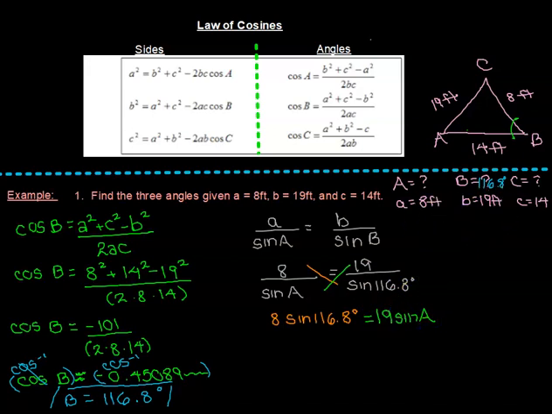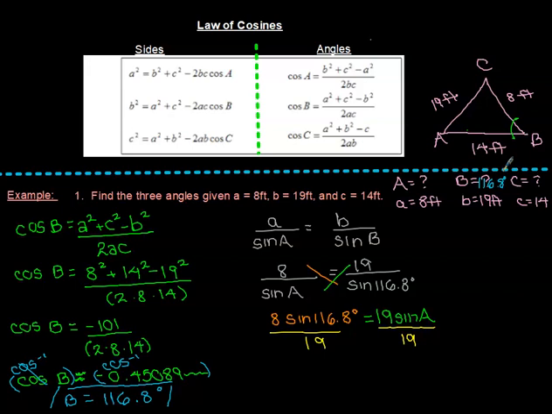So first of all, I'm going to just work on getting sine of angle A by itself, and then after that, I'll work on getting angle A by itself. So sine of angle A is being multiplied by 19, so I'm going to divide both sides by 19. And make sure that in your calculator, you press 8 times the sine of 116.8, press equals after the numerator, and then divide it by 19.